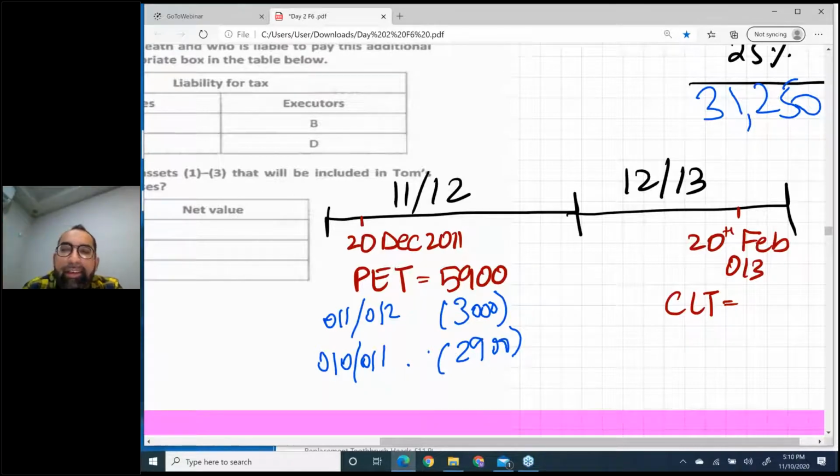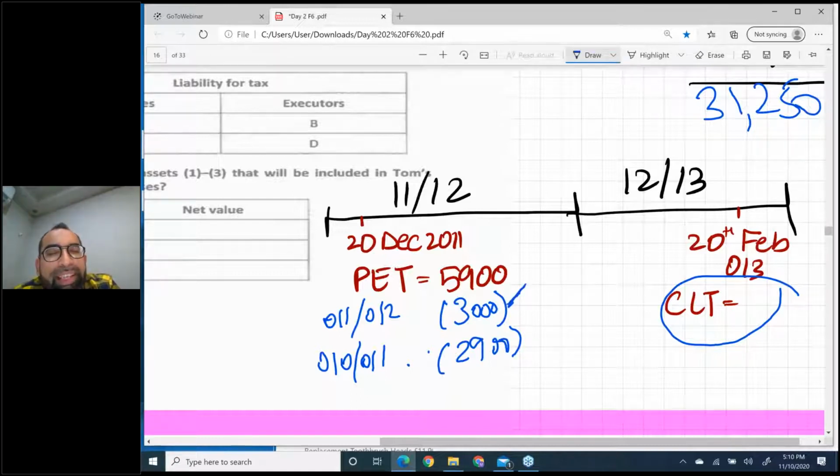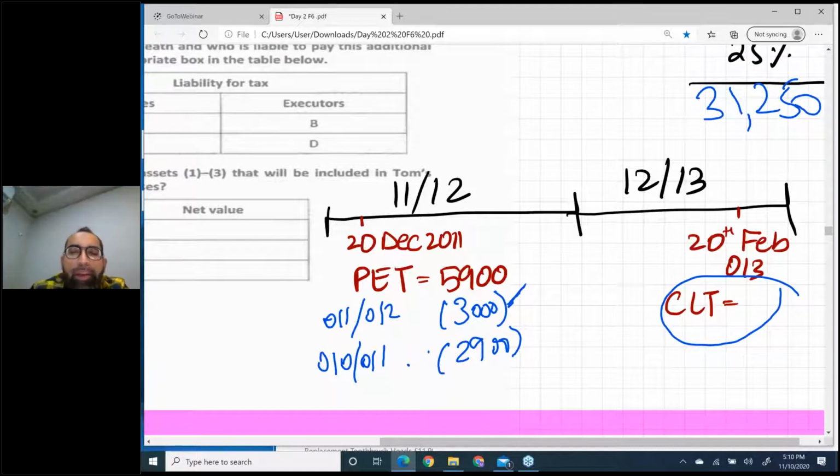Now listen to the question. You are here in 12-13, you are giving a CLT. In 12-13, if you see the last year, you have already used the last year's annual exemption. You have already used the 11-12 annual exemption in PAT. So in 12-13 you have only the 3000 annual exemption left for 12-13 itself.